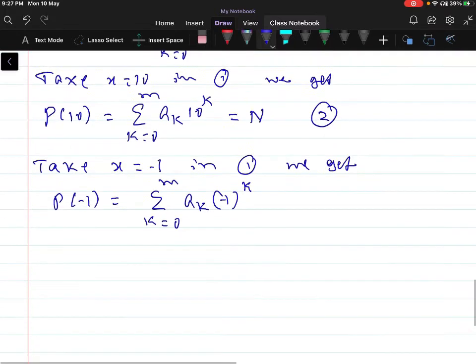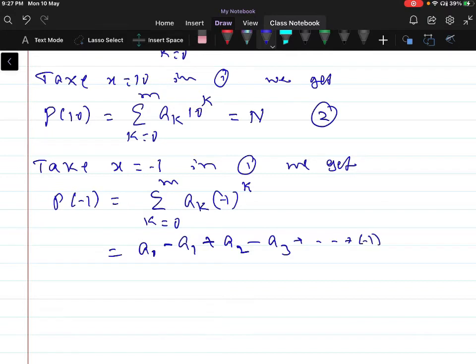So this can be written as, when k is 0, a0 into minus 1 to the power of 0 is 1, plus when k is 1, a1 into minus 1 to the power of 1 is minus 1 into a1. When k is 2, that is a2 into minus 1 whole square is plus 1, and when k is 3, that is minus a3 plus and so on. When k is m, that is minus 1 to the power of m into am.